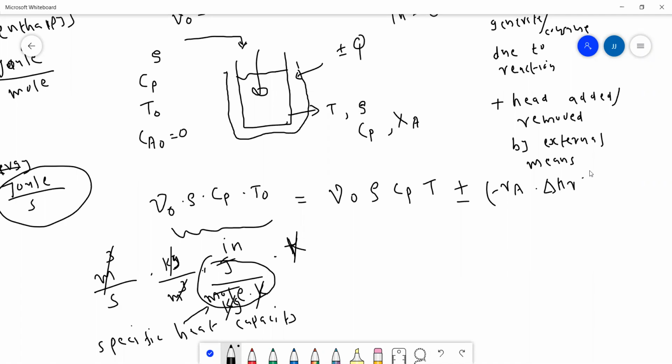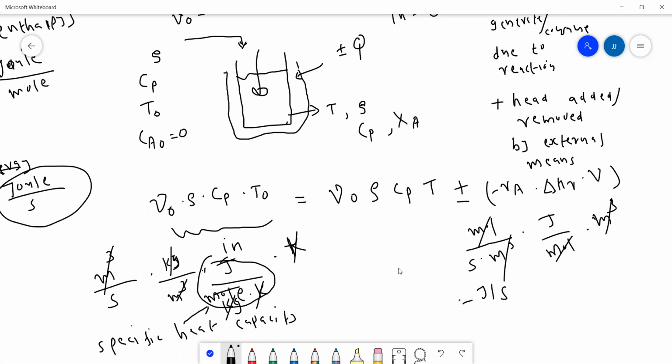Let's also check the unit of rate: mole per second per volume, into heat of reaction in joule per mole, into volume of reactor in meter cube. Meter cube and mole get cancelled out, so the unit is joule per second.